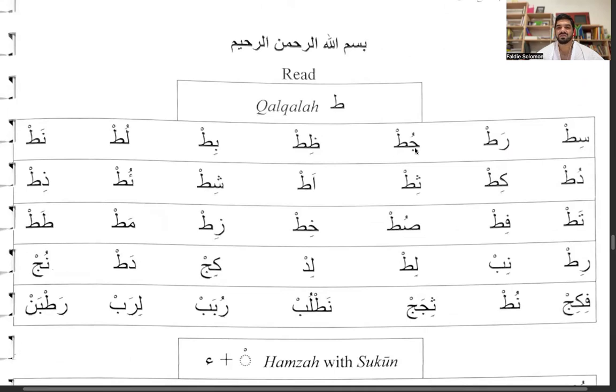Six lines, right? Remember the dha is slightly round. You want to round the mouth to get the correct pronunciation of the ta.